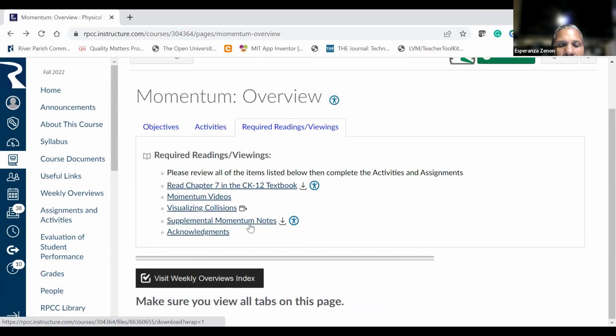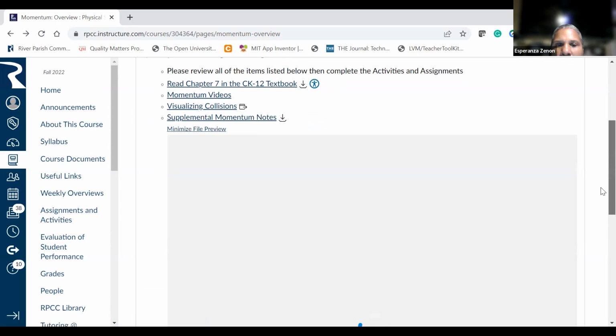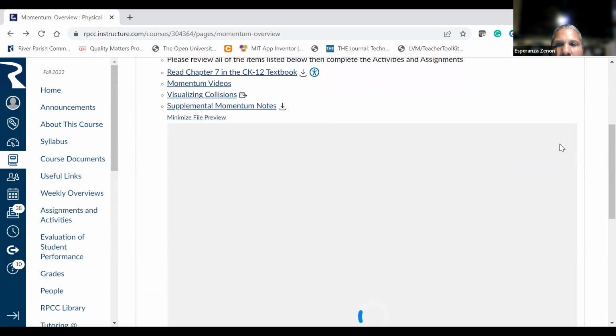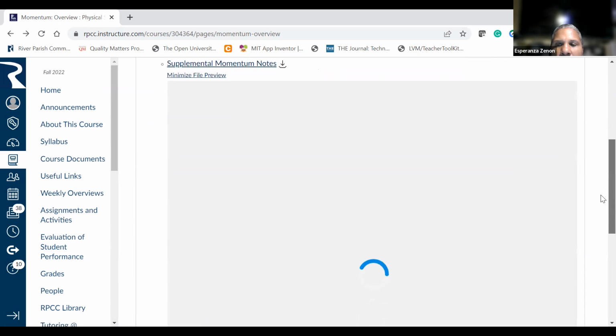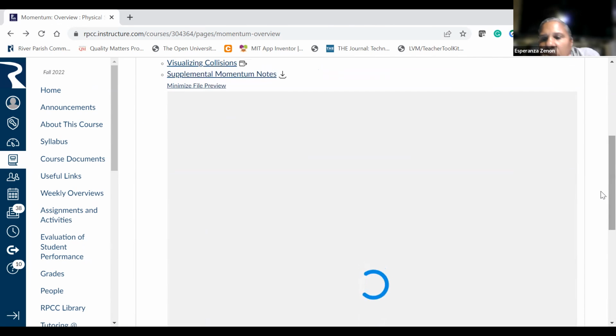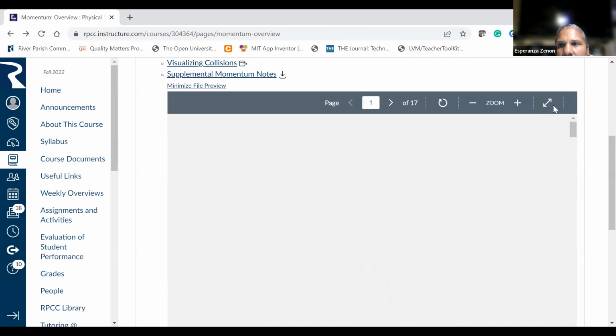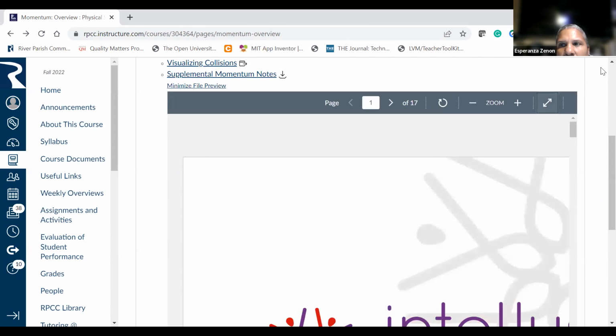So I'm going to jump into the information on momentum, and then I'll go into the announcements and look at some examples of solving problems dealing with momentum. Okay, there we go. All right.